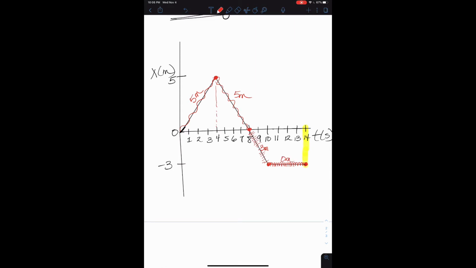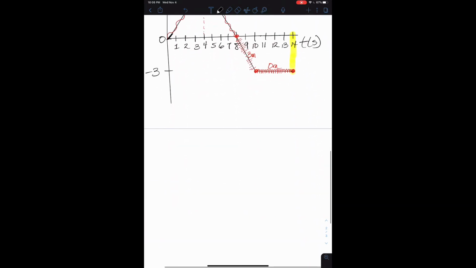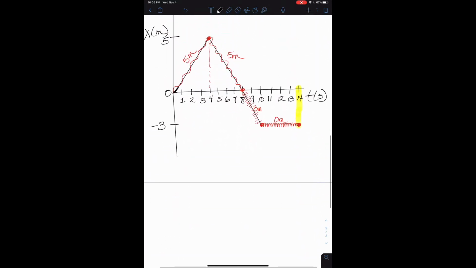So total distance, let's write this down. Let me switch back to black. So we're saying total distance in 14 seconds is 5 meters plus 5 meters plus 3 meters plus 0 meters.